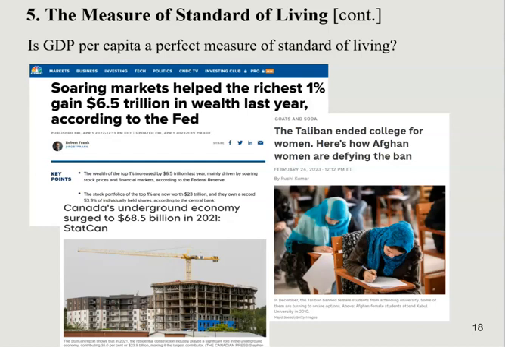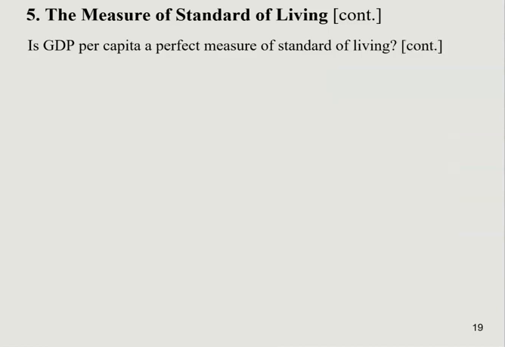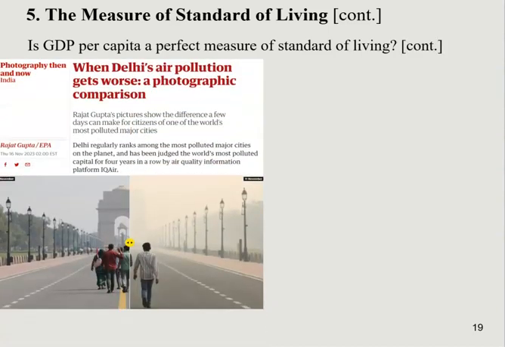Of course, it's not going to be covered by GDP per capita, but these things would affect people's standard of living, right? Now, here is another example in India. Because of the fast economic development, which can be captured by the GDP per capita, a high growth, but at the same time, people suffer from air pollution. Here, a photographer took a picture in exactly the same place.